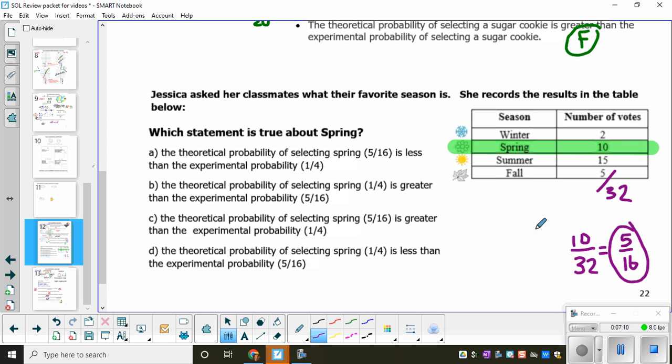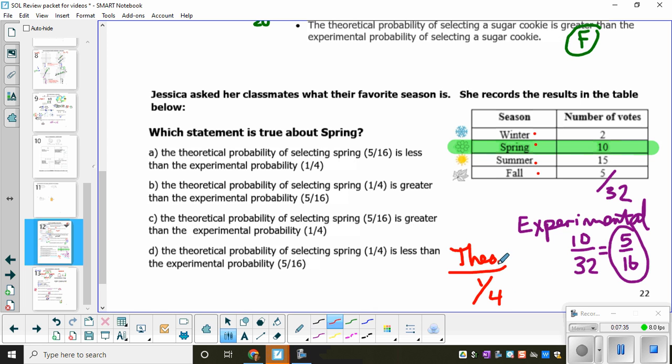So these are the results. This is the experimental probability, okay? Now the true false is going to ask us to compare experimental to theoretical. So theoretically, spring would have had a 1 out of 1, 2, 3, 4 chance. Spring theoretically would have just had a 1 out of 4 chance of being selected.